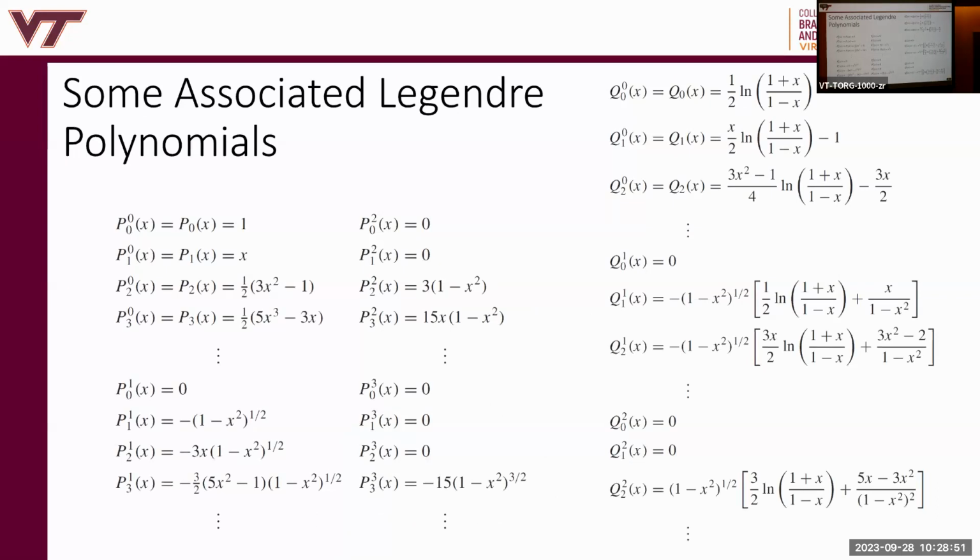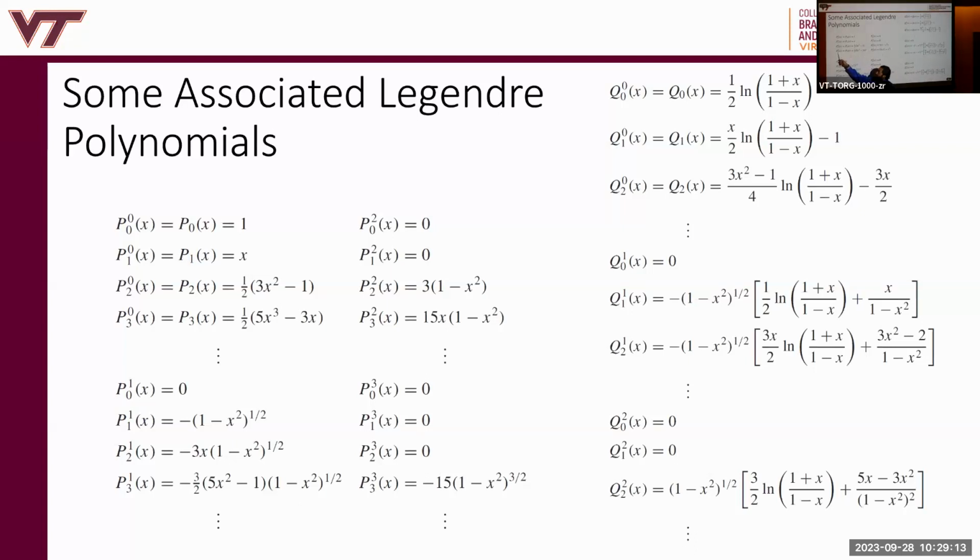So here are some of the associated Legendre polynomials. Now there are two scripts to worry about, the subscript and the superscript. So these all have a superscript of 0, right? So first we're showing you what the superscript zeros look like with the subscript varying. We get these polynomials, all right? These are for P0, 3.